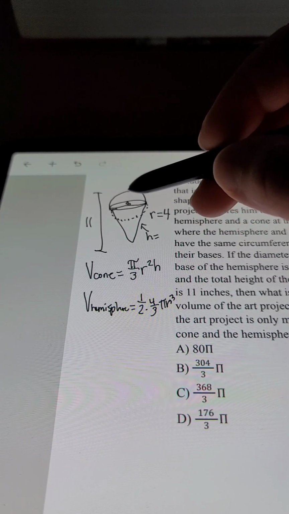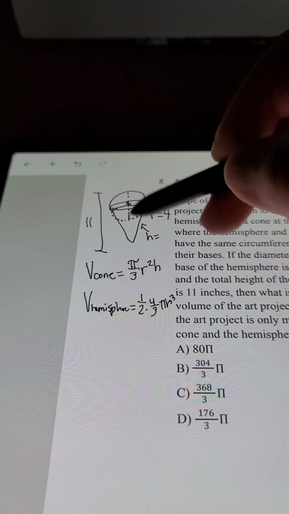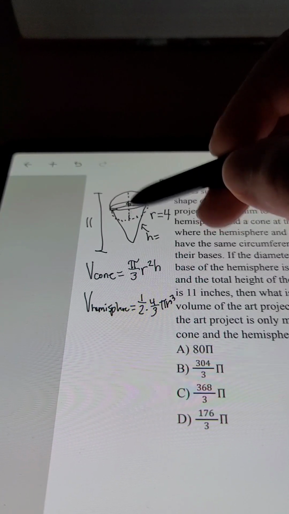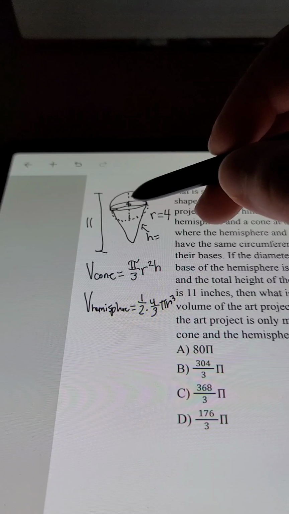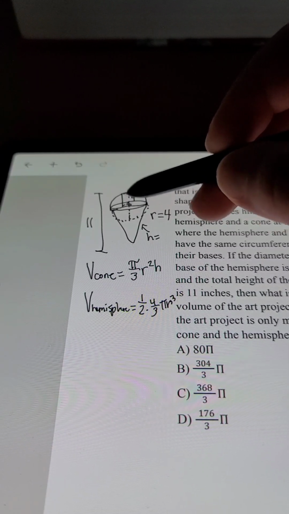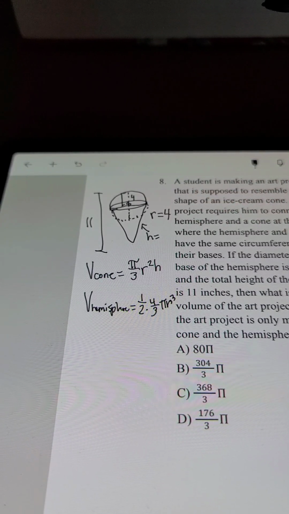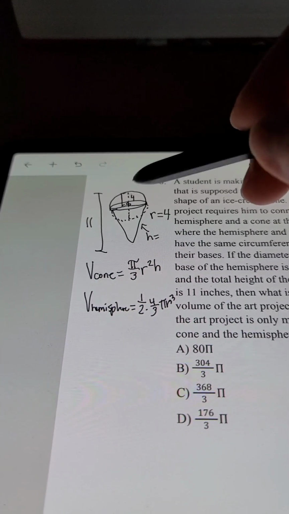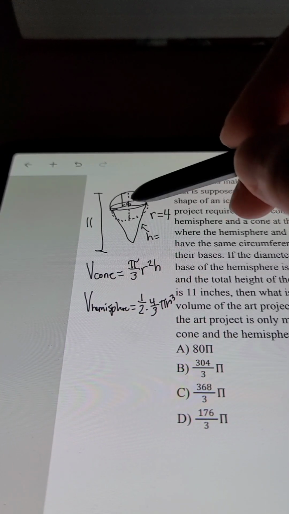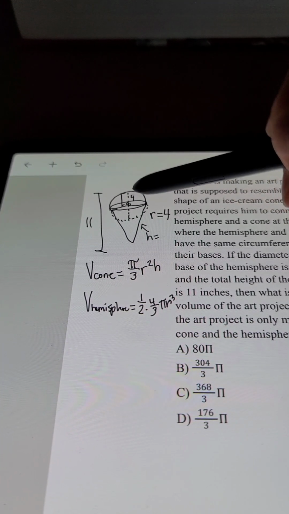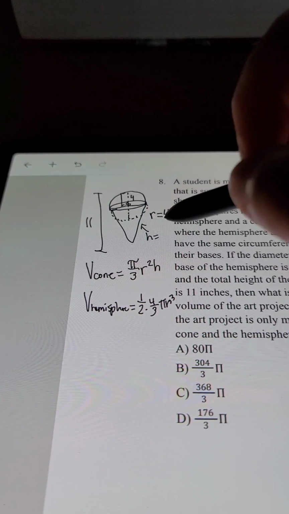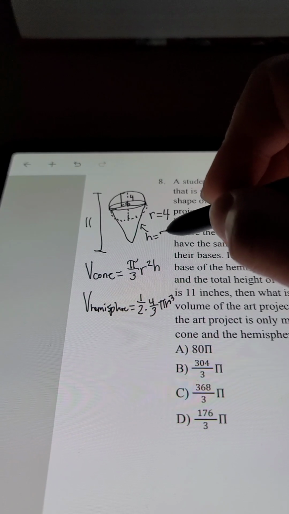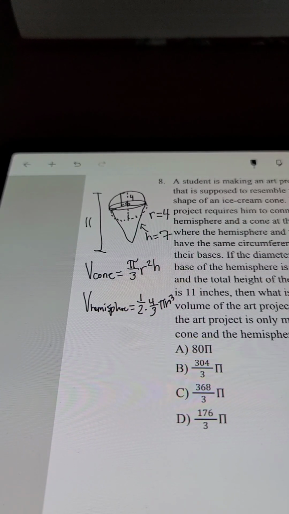If it was extended this way, you could say the whole diameter goes like this. The whole way would be 8, so half of that would be 4. So this is 4 inches tall. So the height of the hemisphere, the way you could think about it, is 4 inches tall. So we have to subtract that from 11 to get the height of the cone. So that would give us 7 for the height of the cone.